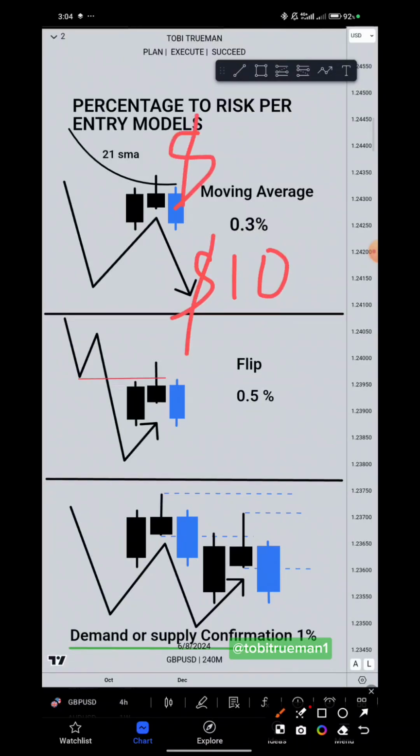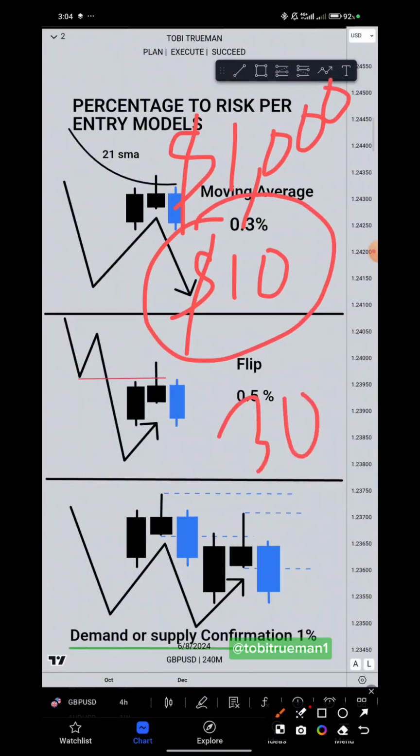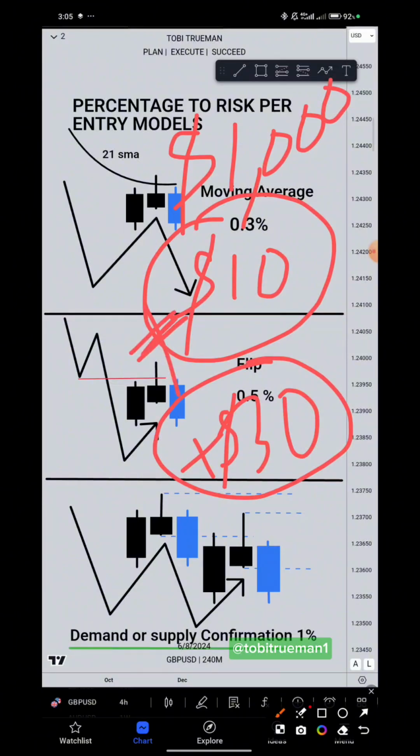You have $1,000, right? Then you say, okay, risk $10 to get $30. So when you risk $10, you get $30. At least, if the trade does not play out, you are going to be losing $10, then you still have about $990 left.